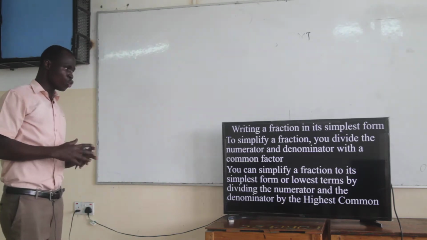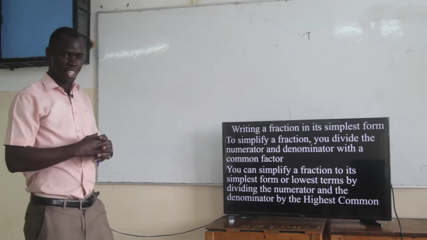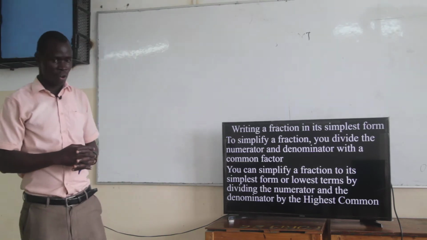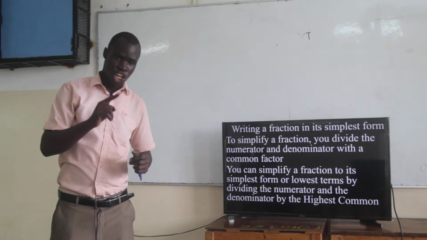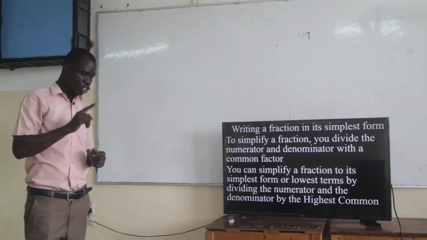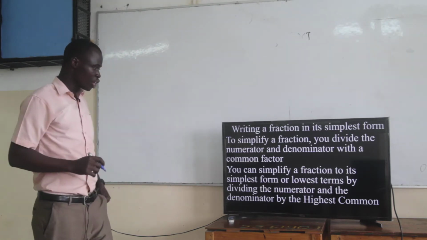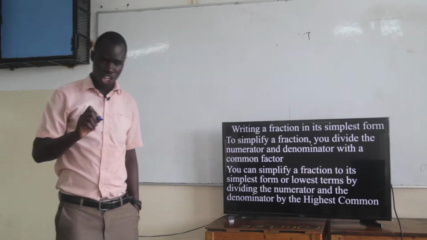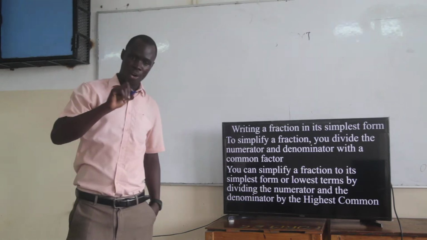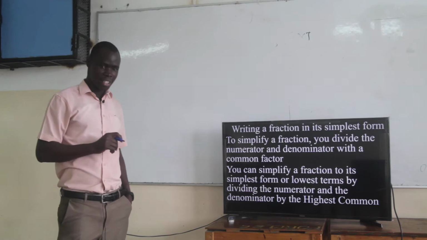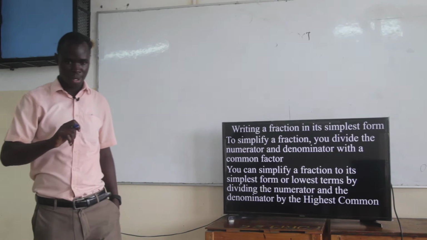Now, how do you do this? When you want to express a fraction in the simplest form, you first ensure that the numerator is not bigger than the denominator. And another thing, if there is still a common number that can divide both the numerator and denominator, then the fraction is not expressed in the simplest form.